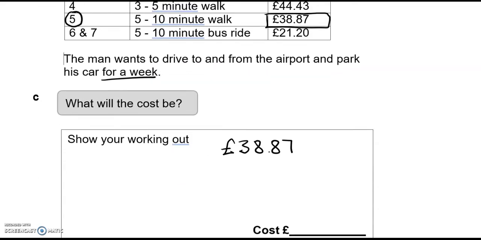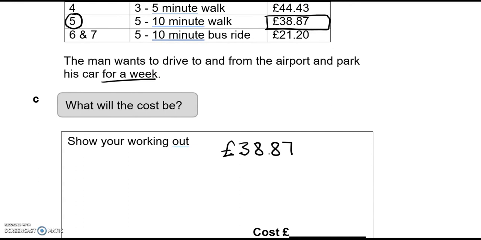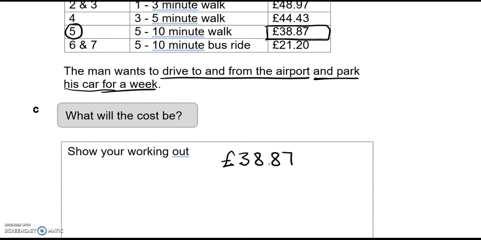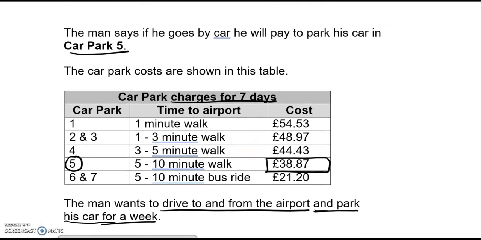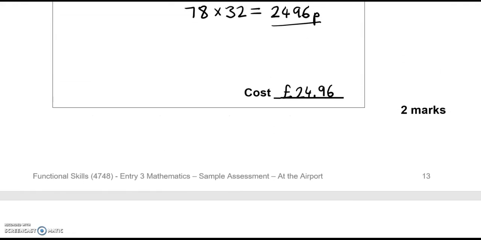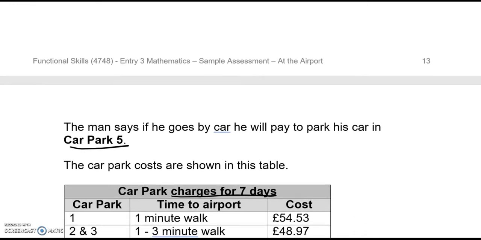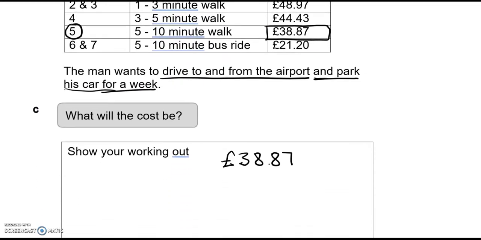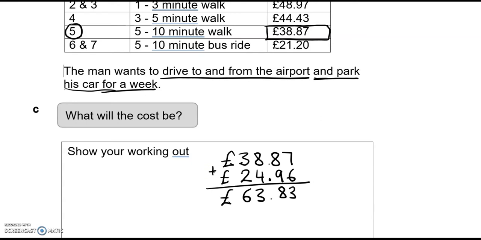That is the parking cost, whereas the cost of driving to and from the airport, because he wants them both all together, total in other words, that cost was £24.96. Adding them together gives us £63.83.